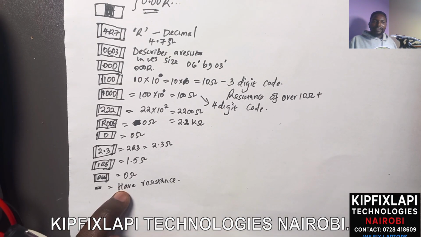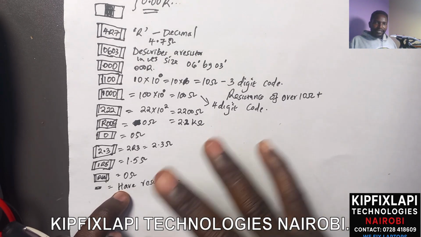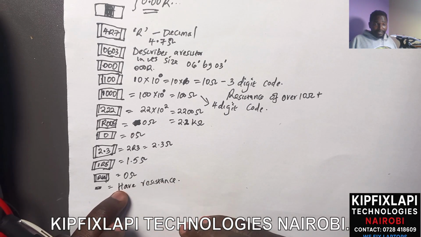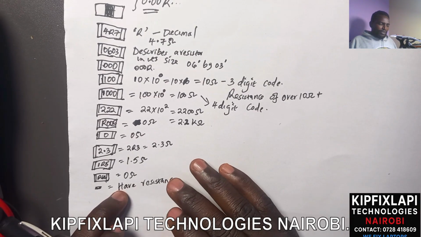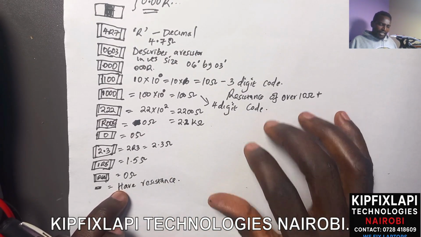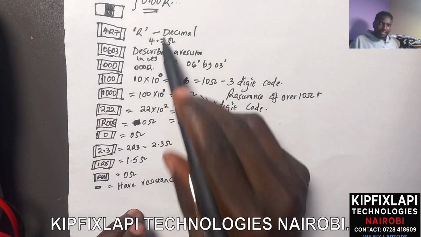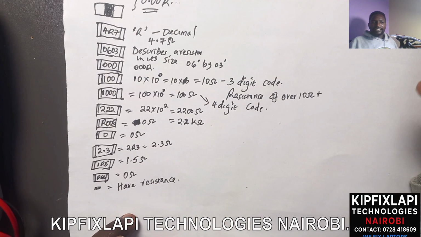So maybe I can add more on what we just discussed. We found out that for each resistor there's a system of naming them, and the common naming, we have 3.